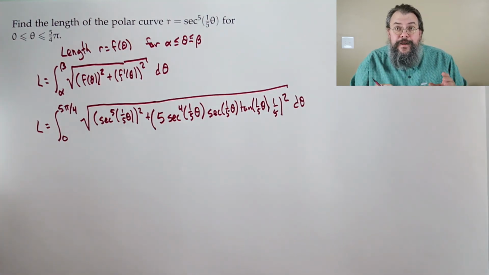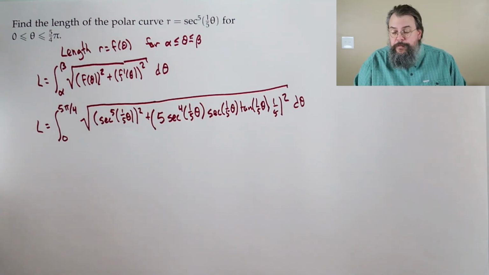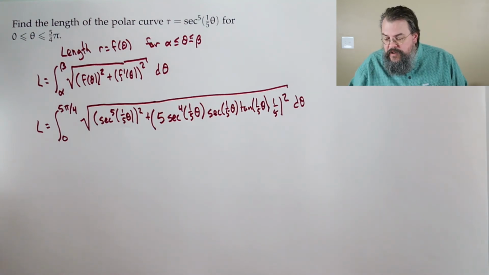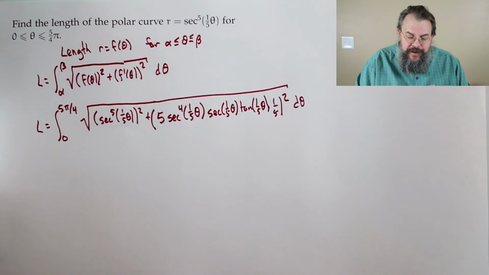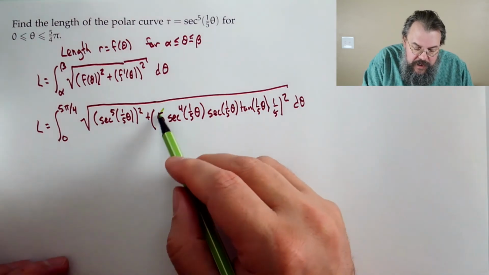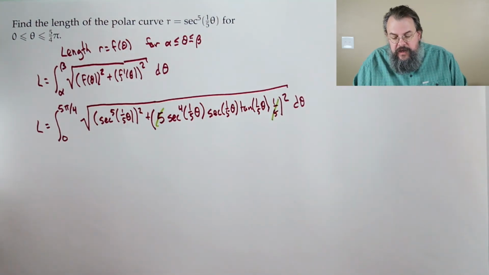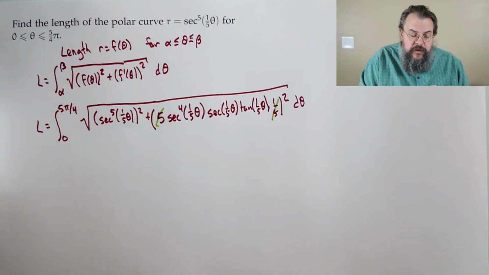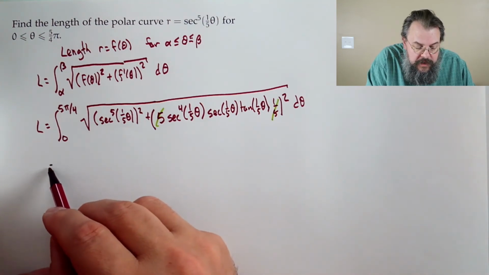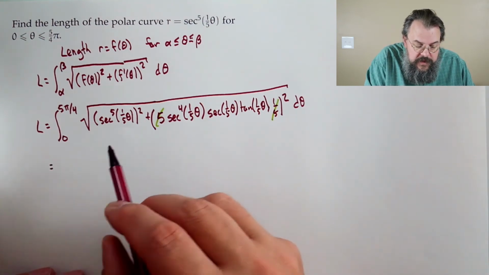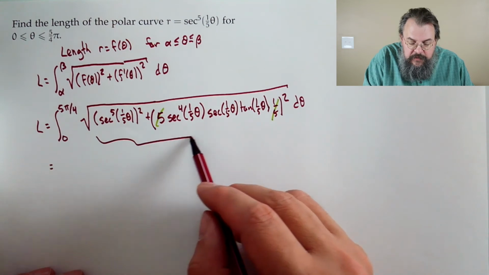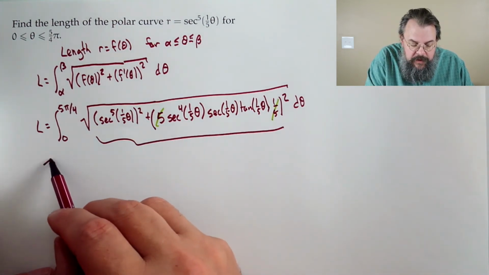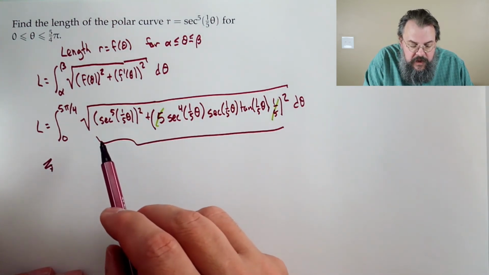So now we start to look and ask, does it simplify? We hope it should, especially if we've been living a good, clean algebra life. Well, the 5 and the 1/5, that's a simplification. That's good. Let's focus on this inside part first, before we worry about what it becomes.